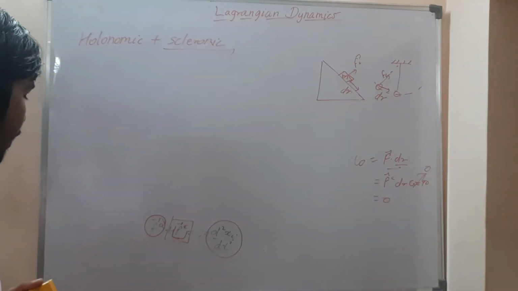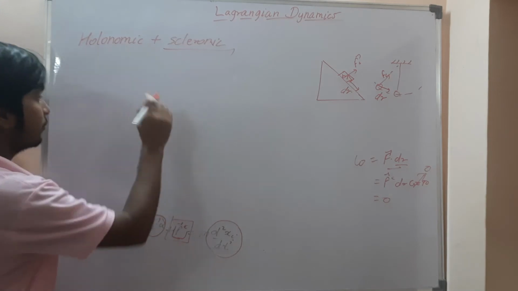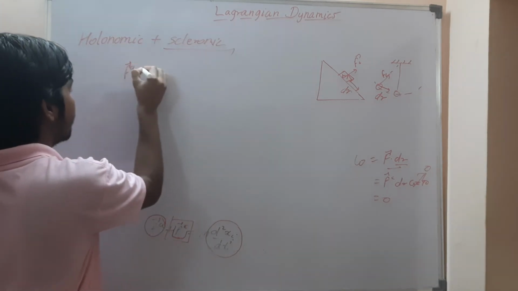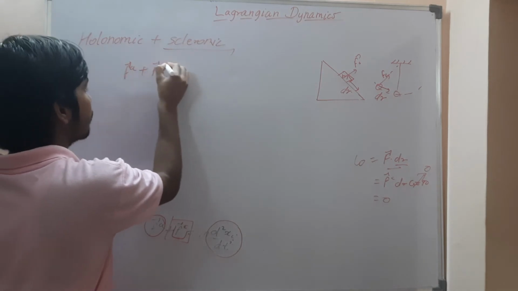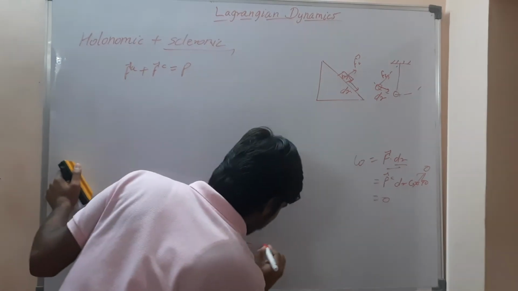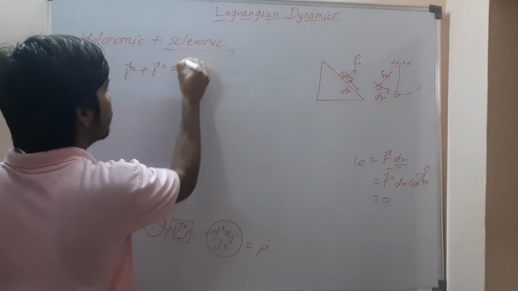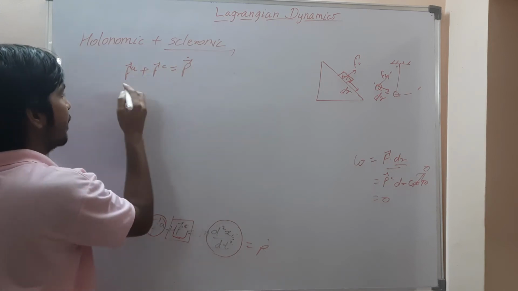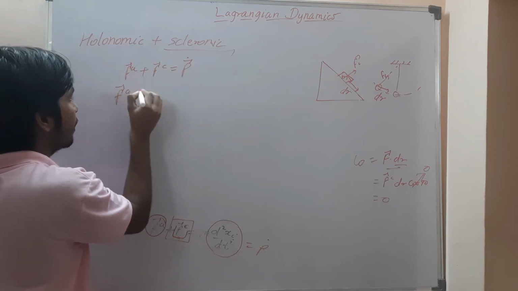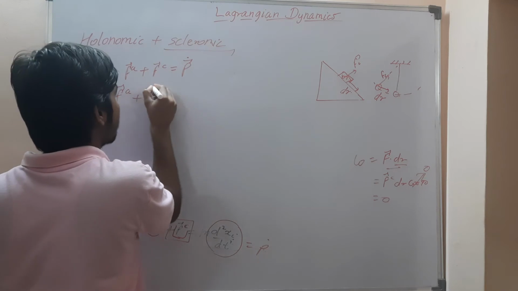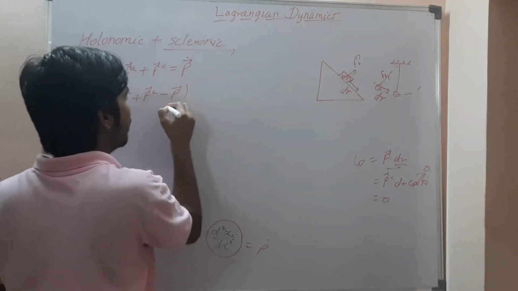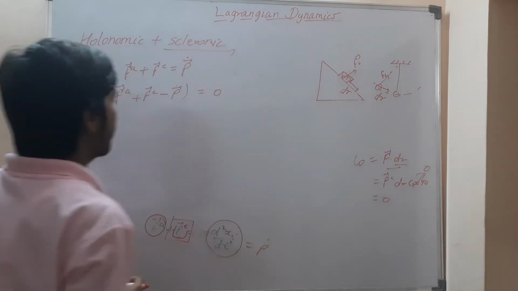So our formula is applied force plus force of constraint equal to p dot vector. If I take it to this side, it is applied force minus p dot vector plus force of constraint, and it will be equal to 0.